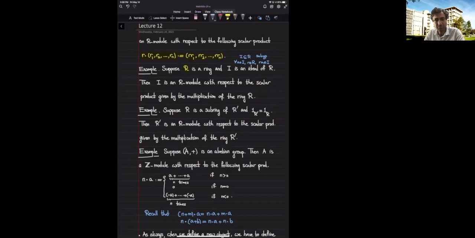So there is a bijection between the subsets of R that are modules with respect to the multiplication of R, the submodules, and the ideals of R. Here I wrote it only in one direction: if I is an ideal of the ring R, then I is an R module with respect to the scalar multiplication given by the multiplication inside the ring R.